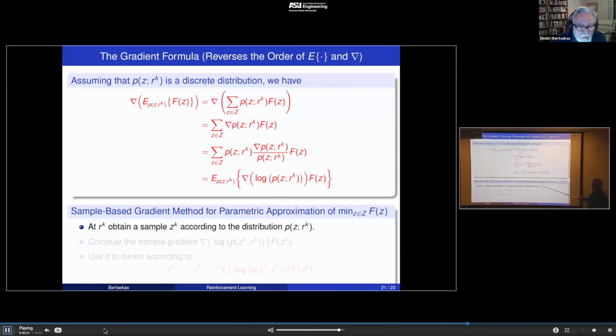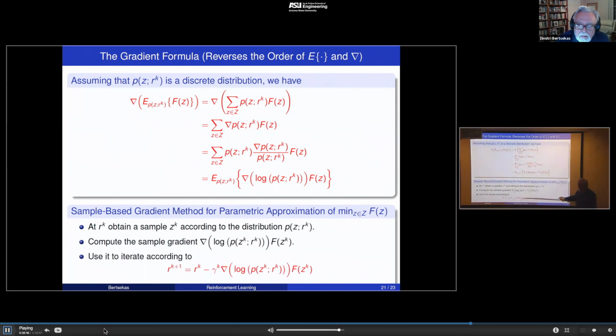In the context of dynamic programming, that corresponds to generating a trajectory that corresponds to the current R, and the current policy that corresponds to R. I calculate this sample gradient, and I move in the direction of the sample gradient rather than in the direction of the expected value. And that's all. You have the policy gradient algorithm here on the board. That's all there is to it.